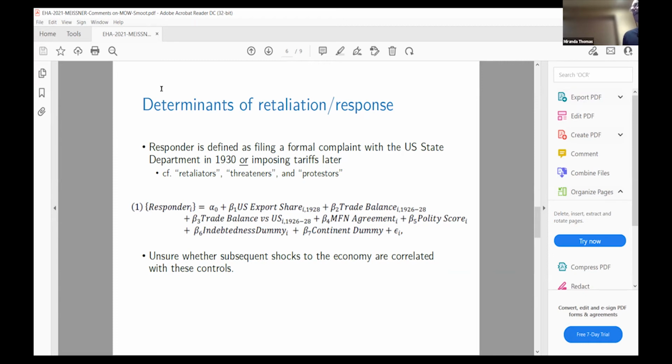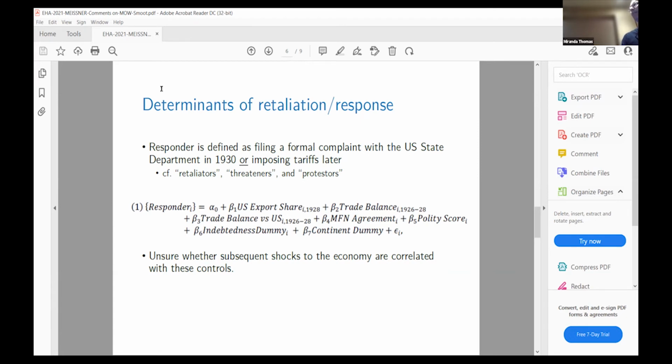Responders, as I read the paper, are countries that file a formal complaint with the State Department or impose tariffs. That "or" could turn into an "and" and be something else, I guess. Then there's retaliators, threateners, and protesters. So that's what I got out of reading the paper. And there are all the permutations. And if we include "and", then it gets even more complicated. But really we're looking for responses in trade policy to U.S. policy.